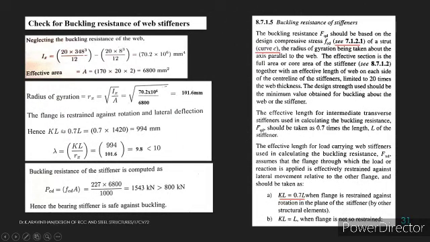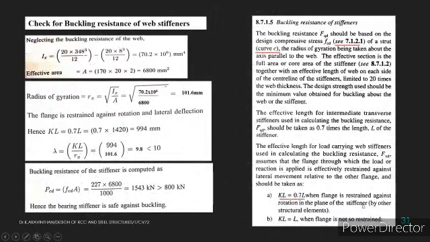KL here is given as 0.7 into length, when the flange is restrained against rotation in the plane of the stiffeners by other structural elements. Yes, in our case, the flange is restrained against rotation by the stiffener, because it is touching the flange.